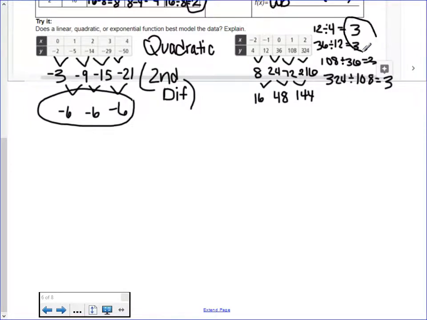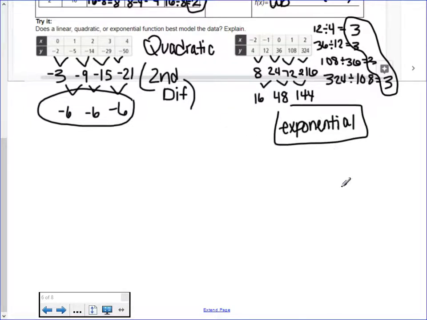So since we got a common ratio, that means that this is exponential. We didn't get a common first difference. We didn't get a common second difference, but when we divided, we did get a common ratio, which means that it's exponential. Okay, we have a couple problems left.